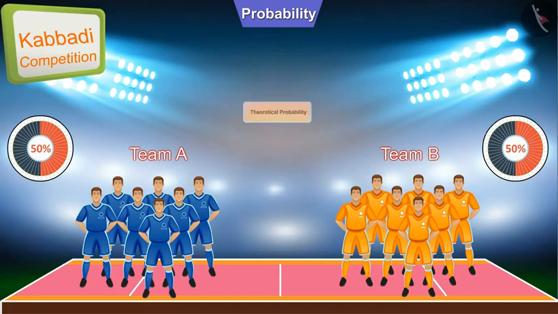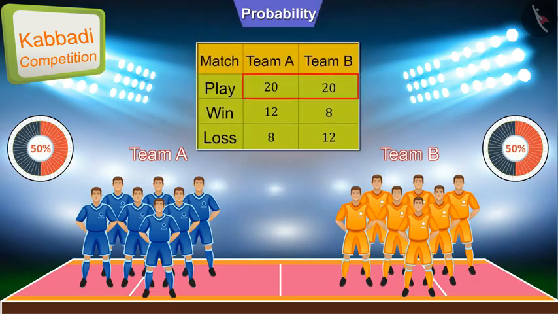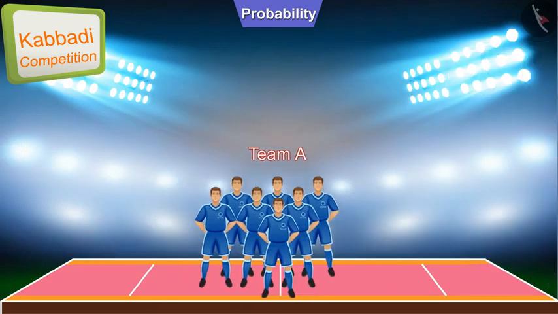Now, if we assume that both the teams have already played 20 matches, out of which Team A won 12 matches, in such a situation, we will select Team A in the prediction of the winning team.